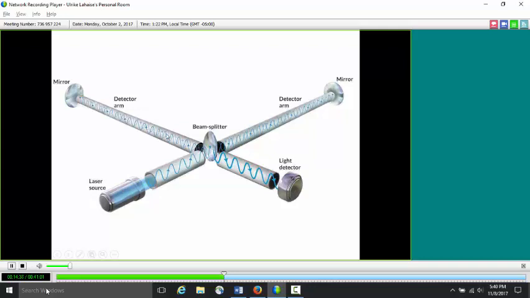It's a way of detecting the change in the length of one of these, even if it's a really slight change. And that is useful for detecting gravitational waves because theoretically, when a gravitational wave goes through space, what it does is it shortens the length of space in a direction perpendicular to its direction of travel.